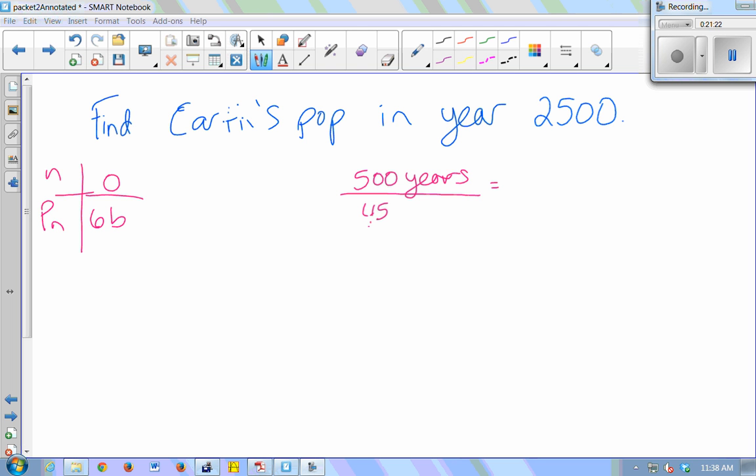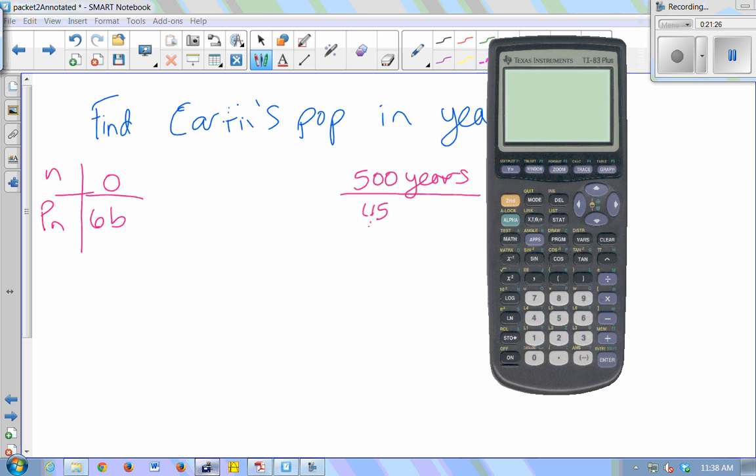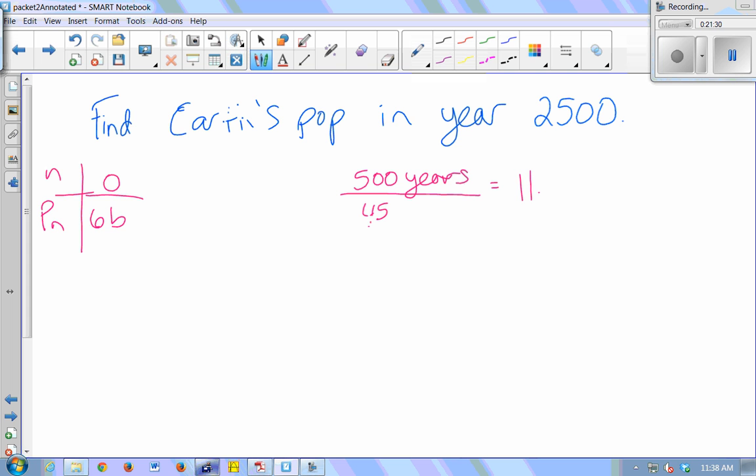It's 11.11. All right. So if I'm starting at 6 billion in the year 2000, 11.11 sets of 45 years have gone by. That's how many times I'm going to double my population size.